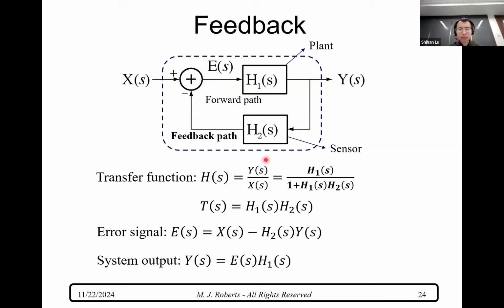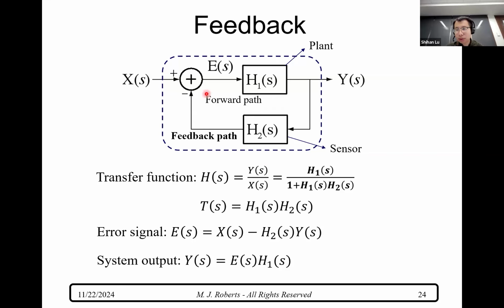So in the real world, how do you measure the current system output? It is realized by a sensor. So for simplicity, we just call the transfer function in the feedback path a sensor. And two paths here.